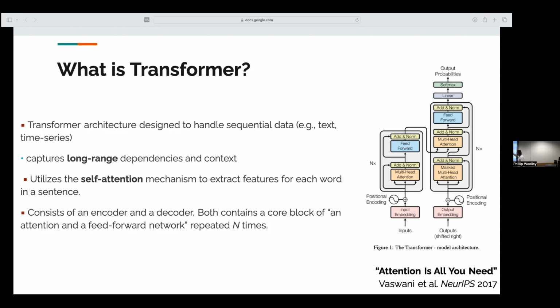Then you send those to the decoder. The decoder does a similar thing to the encoder, but at the end it predicts the output probabilities. Suppose you give it 5 words and you want the 6th word. Your 5 words would be encoded and given here, and you would have a 6th word here.